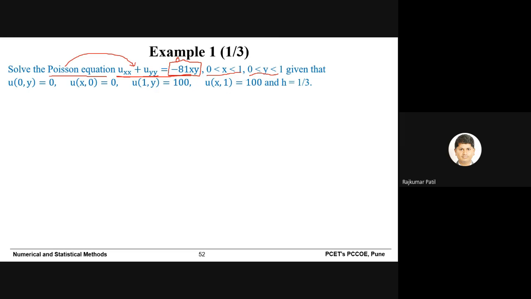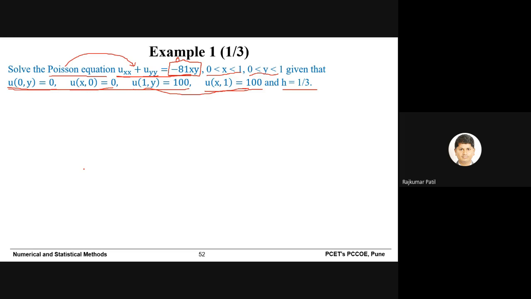Again, some conditions are given: u(0,y) equal to 0, u(x,0) equal to 0, u(1,y) equal to 100, and u(x,1) equal to 100, and h is given as 1/3. So these four inputs are related to boundary conditions.